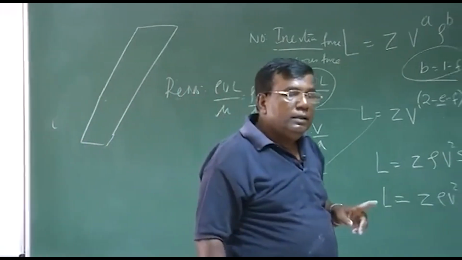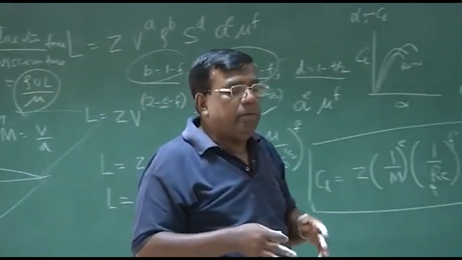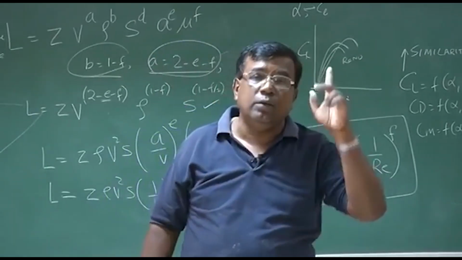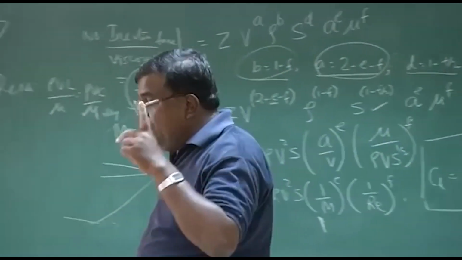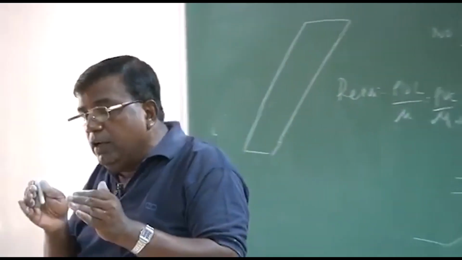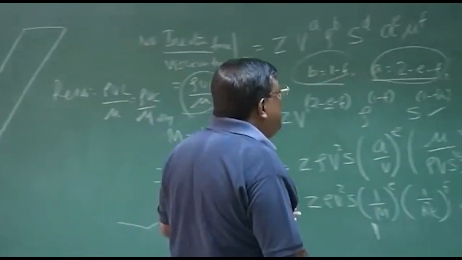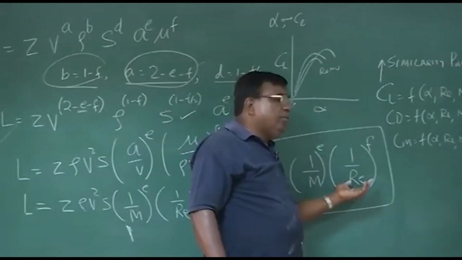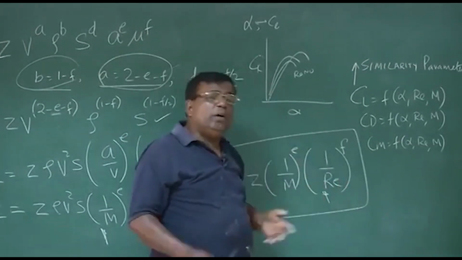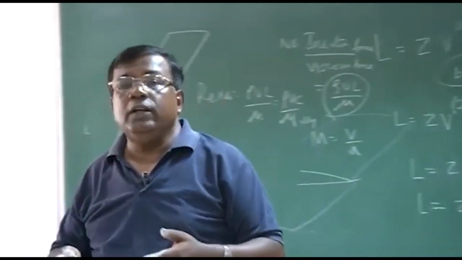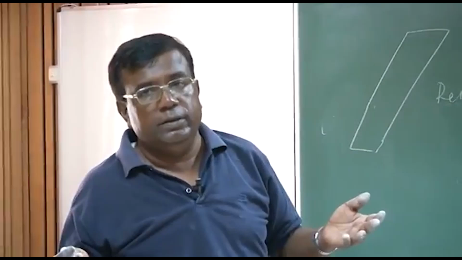That means I have to select the model, the speed, and the density of the tunnel air, such that whatever actual Reynolds number the airplane was experiencing, the smaller model is also experiencing the same Reynolds number. So now whatever CL comes, because I know CL depends upon Reynolds number for a given angle of attack, I am least bothered about any other parameters. That CL I use for the CL of my aircraft.